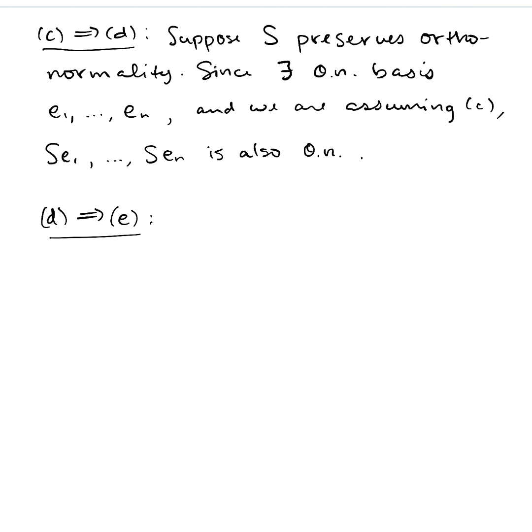So we are supposing in this section of the proof E1 through En is an orthonormal basis for V. Now, from that alone, we're trying to argue that S star S is the identity.